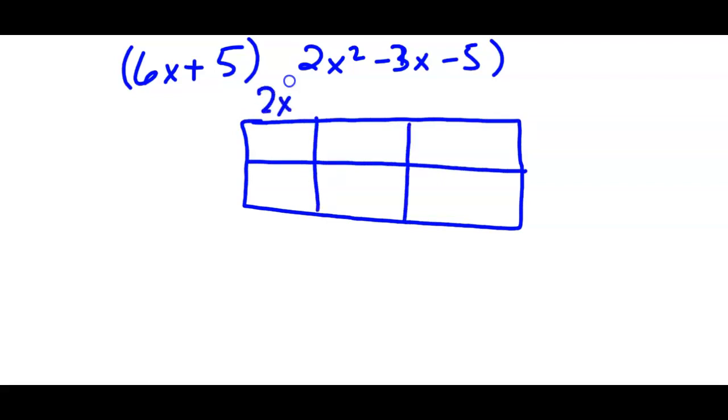I've got 2x squared minus 3x minus 5 here, and here I have my 6x plus 5. We're still going to multiply these two together to get that, these two together to get that, and so on. Okay? Personally, I like the double distribute method for something like this versus the box method. I like both methods for when you're doing a binomial times a binomial. Okay?